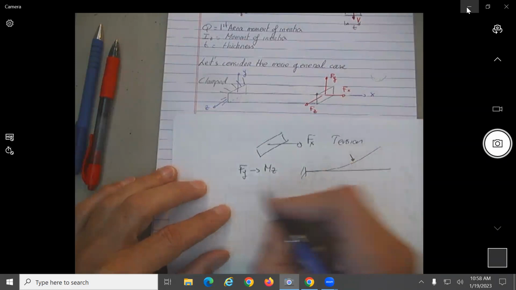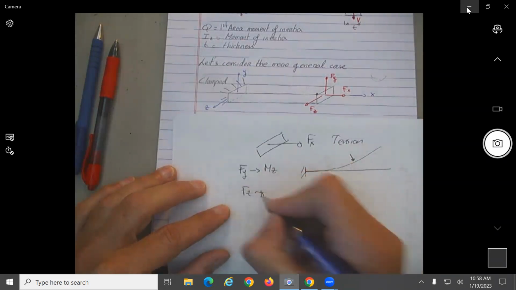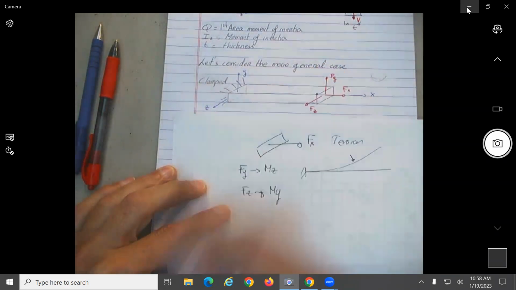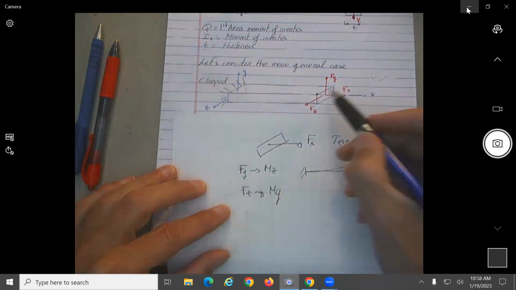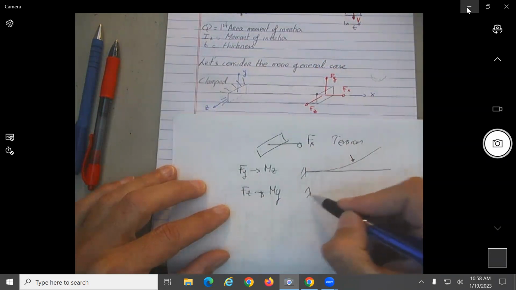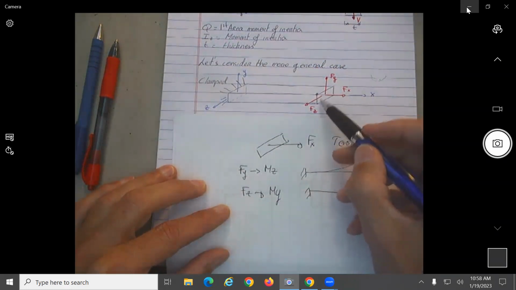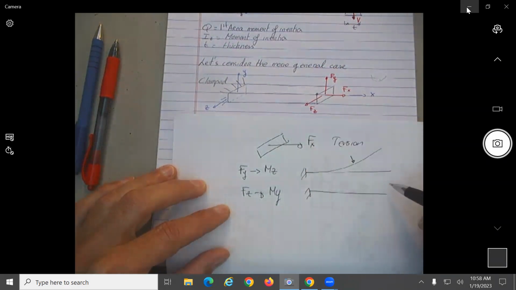Okay, if you want, since we are doing this, the next force is Fz. Fz is producing a moment about which axis? Y, no? About Y. Now, how will this bend? I cannot do sideways, but if this was the plane, let's say this will bend on the positive Z, no?